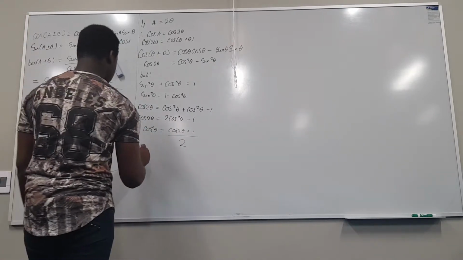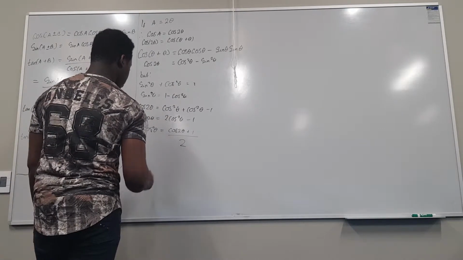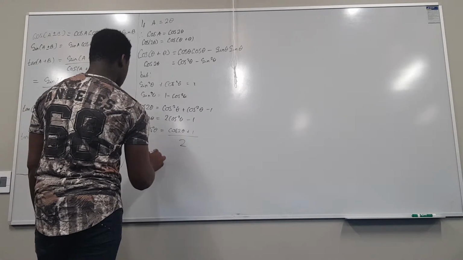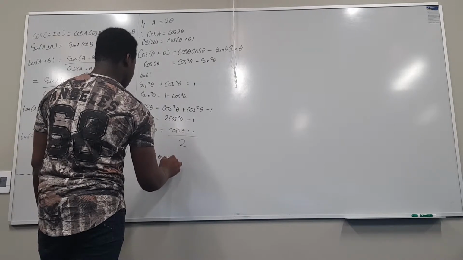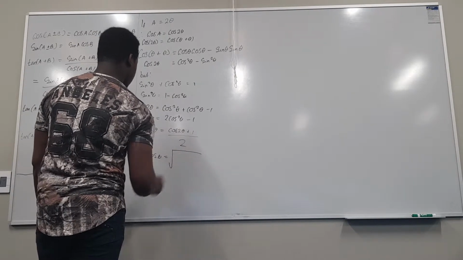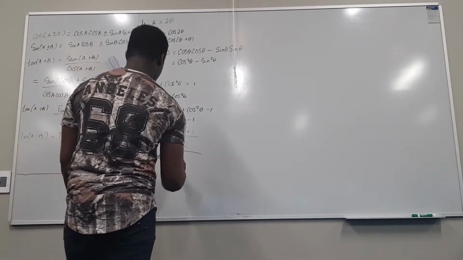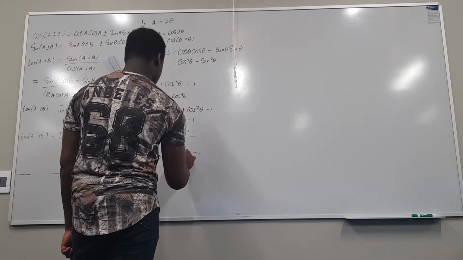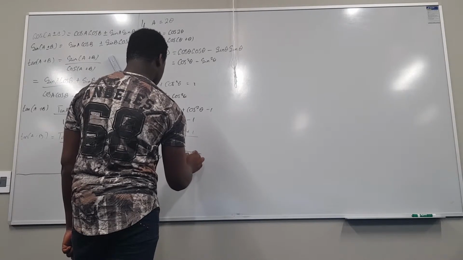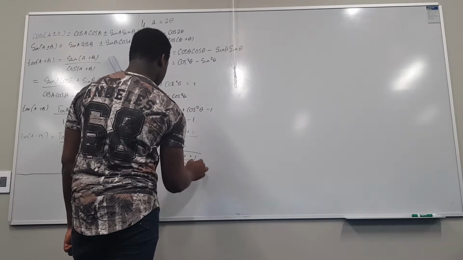Hence, therefore cos theta, you can see, is equal to the square root of cos 2 theta plus 1 divided by 2.